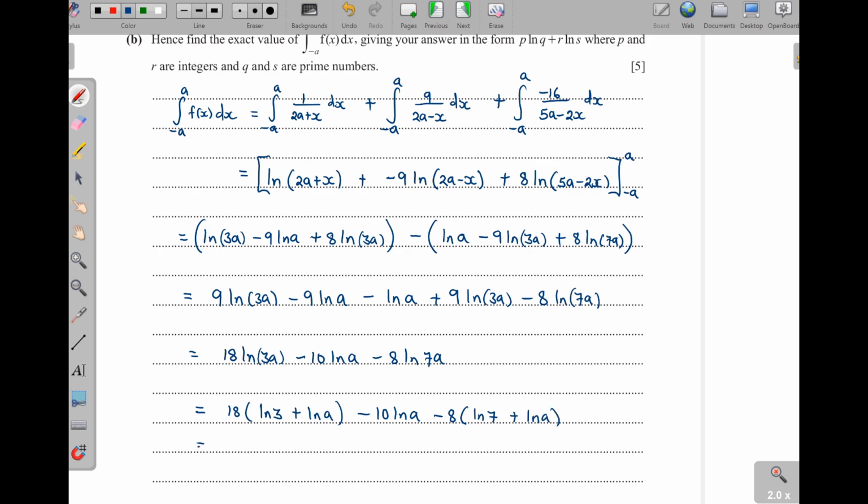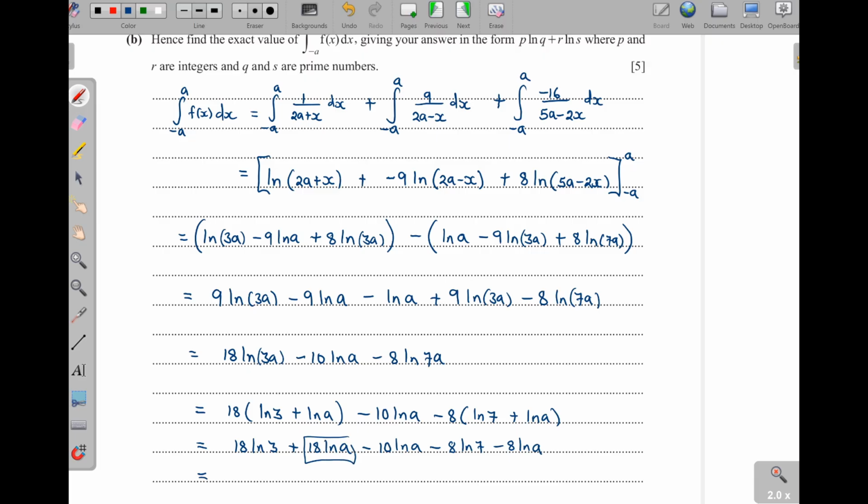Of a. Now opening the brackets, we shall have 18, natural log of 3, then plus 18, natural log of a, then minus the 10, natural log of a, minus 8, natural log of 7, minus 8, natural log of a. Then the ones that have gotten natural log of a, okay, we look at them.